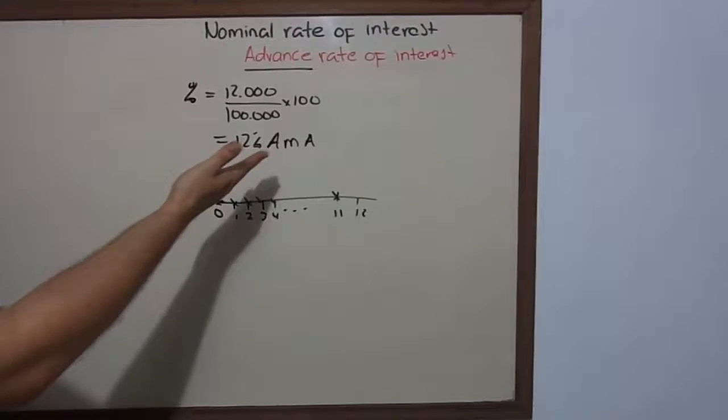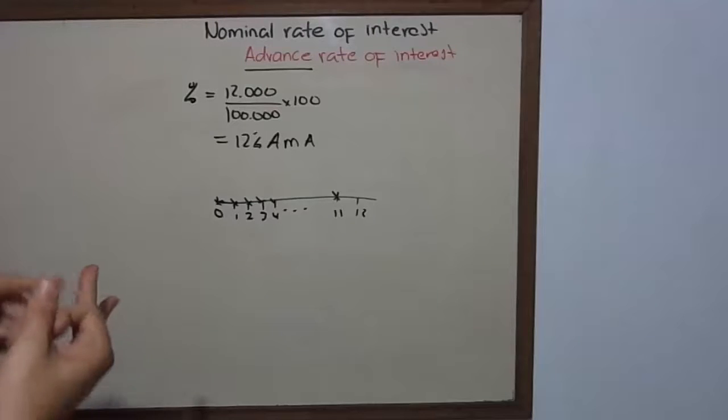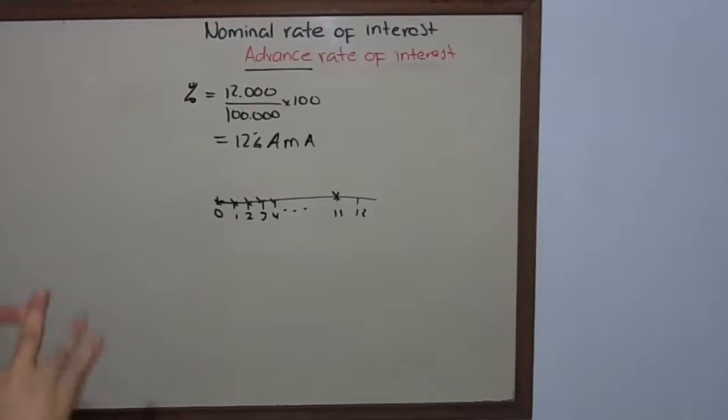But this is not comparable to our other investments, because we have to compare it in an effective rate, whether monthly effective, quarterly effective, semi-annually effective, or annually effective, whatever you want, but it has to be effective.